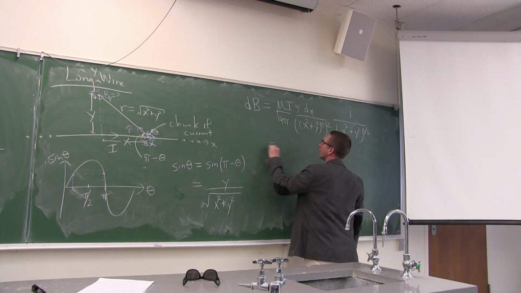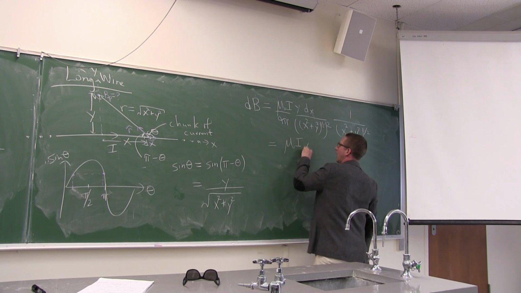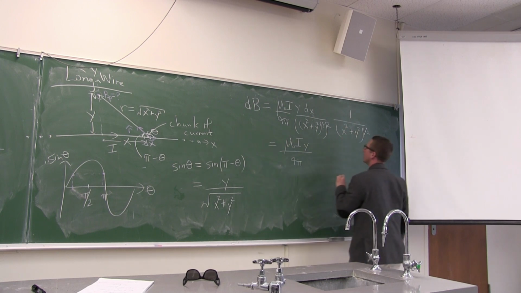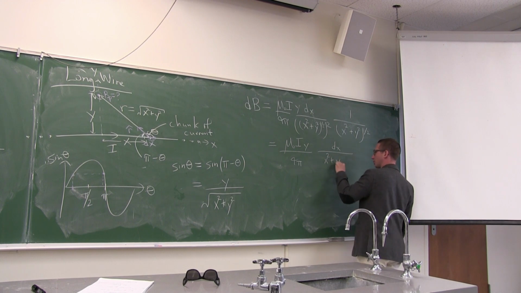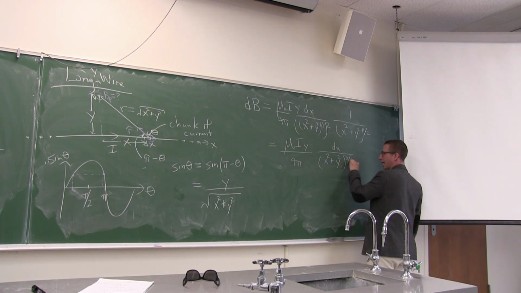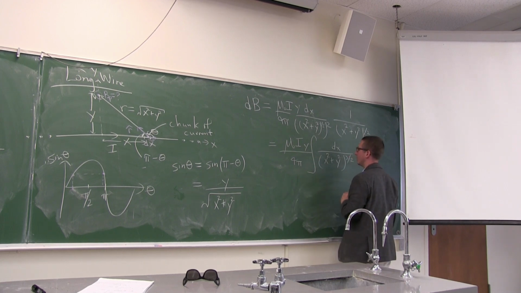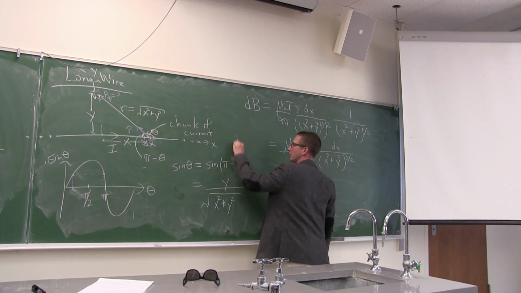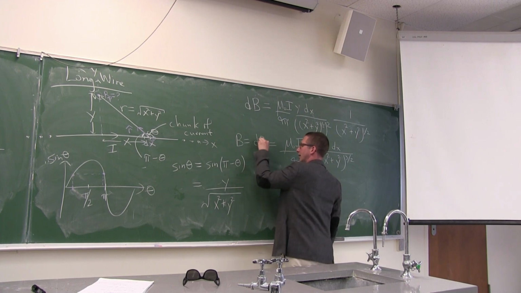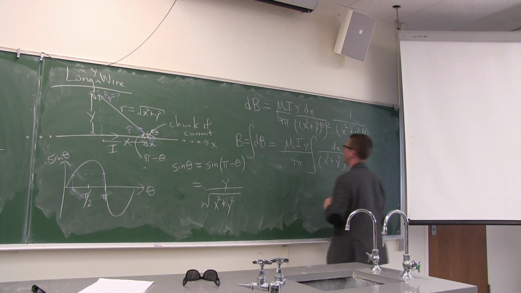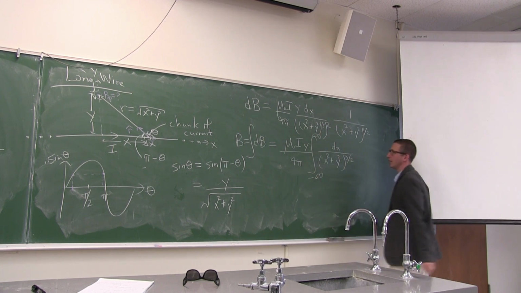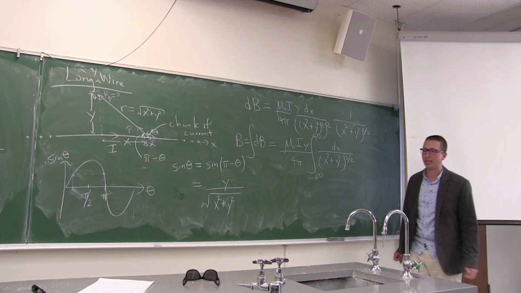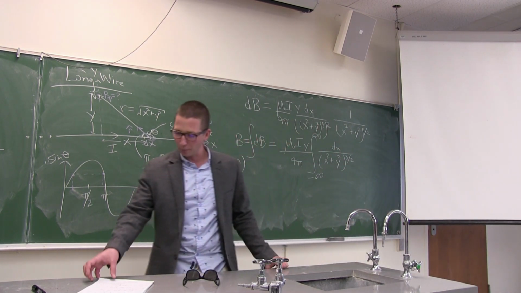So combining this all together, I have mu naught I y over 4 pi, times dx over x squared plus y squared to the 3/2. To get the total field B, I have to add up all the little chunks. And I'm integrating here from negative infinity to infinity, which would give me the magnetic field due to the long straight wire.